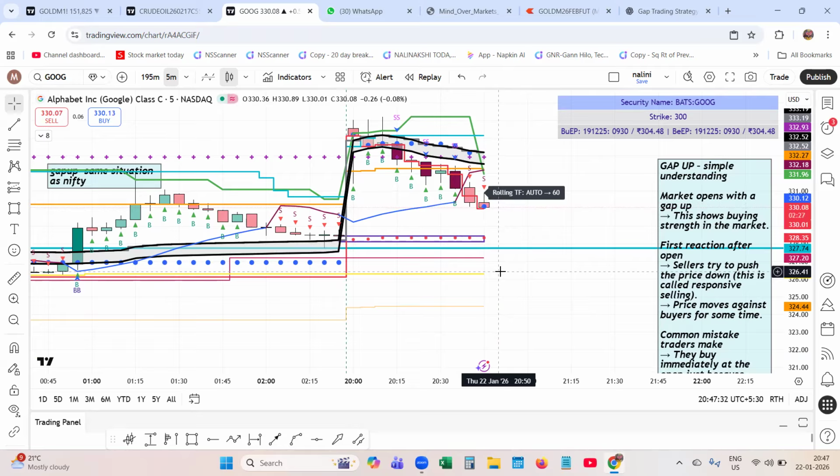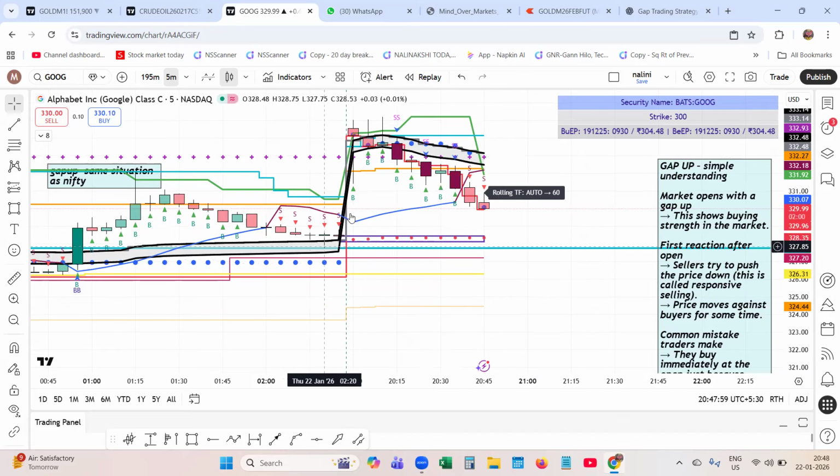If it is the opposite, if it is a gap down, immediately there will be responsive buying from the traders, and you need to wait for the direction to resume. So responsive buying has to stop when it gaps down, and then it has to resume the direction.